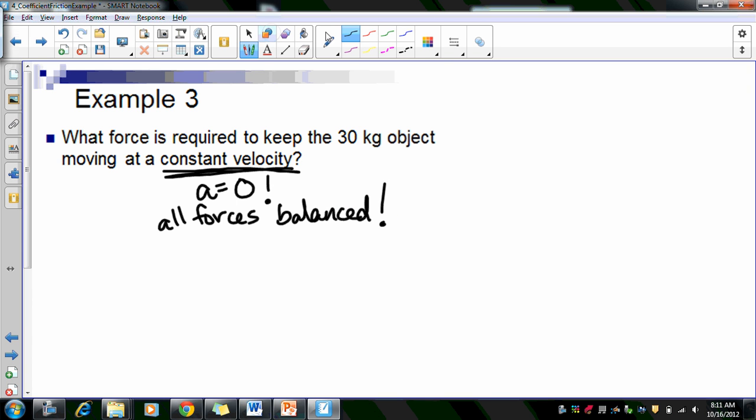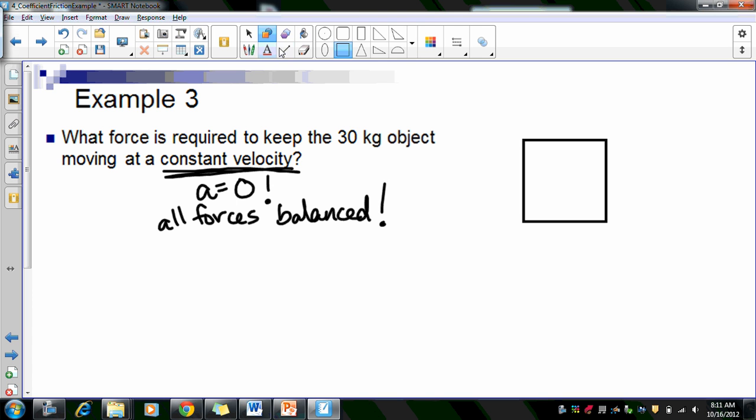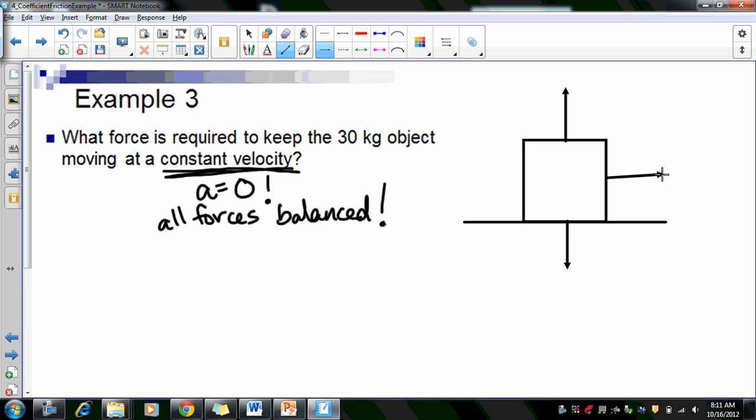And so if we look at our free body diagram, so this doesn't mean that there are no forces affecting it. It just means that all of the forces are perfectly counteracting each other.